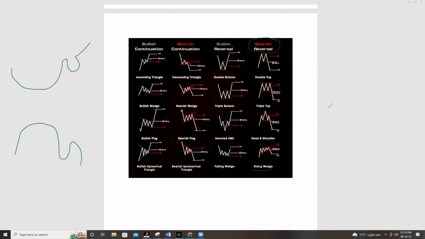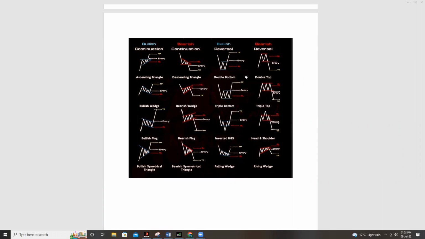We also have the diamond, where the market gives a shape like this. So you have the diamond type of chart pattern, and then it breaks, retests, and we continue, or if it breaks, retests, we continue to the downside, depending on where the market is coming from. So there are so many chart patterns. What I've mentioned are the most common, or what we may call the most important ones. You're going to find them on all your charts.